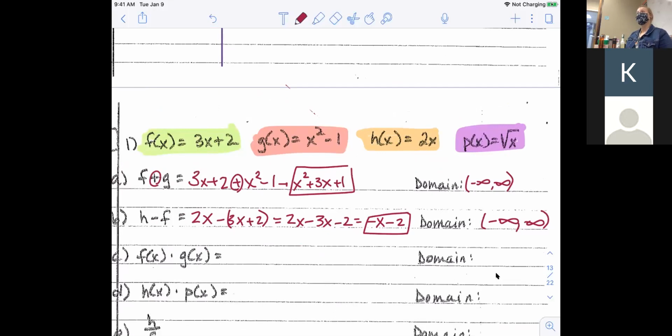If there's an x in the denominator, that causes a problem. And then there's one other one that we did in all of our domains. What was a common thing I had in your domain problems? Square root. Those are really the only things you have to worry about, if it's a fraction or a square root. If it's just a normal function, you can plug any number in there. I can do anything times negative 1 minus 2. It will not be a problem.